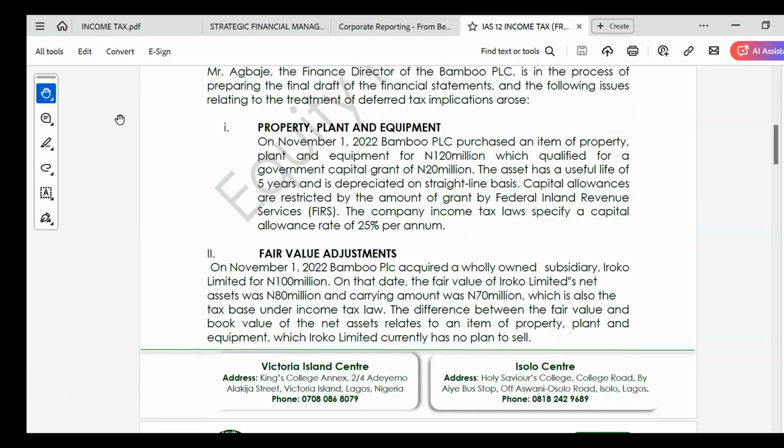Right, we're told number one, in terms of PPE, on November 1st, 2022, Bamboo PLC purchased an item of property, plant and equipment for 120 million naira, which qualified for a government capital grant of 20 million. The asset has a useful life of 5 years and is depreciated on a straight line basis. Capital allowances are restricted by the amount of grant by the Federal Inland Revenue Service. The company income tax laws specify a capital allowance rate of 25% per annum. Okay.